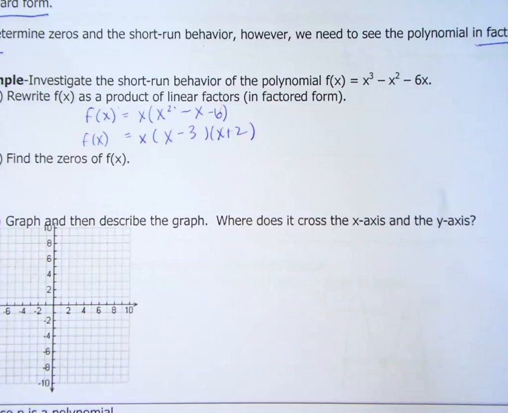So when we're working backwards, we have to think about that there might be some constant in that original function. That's where this other point comes into play. So what we're going to do is use that other point as values of x and y to find that coefficient or that constant.